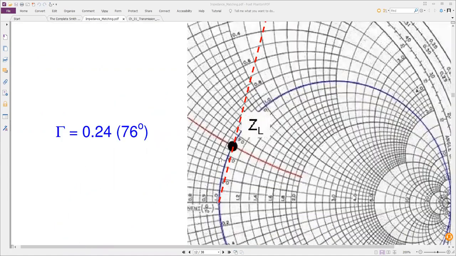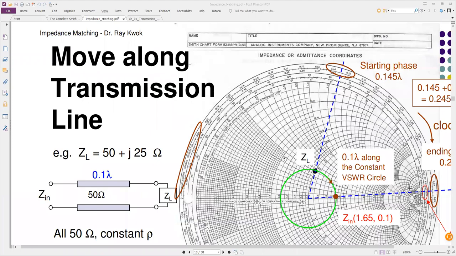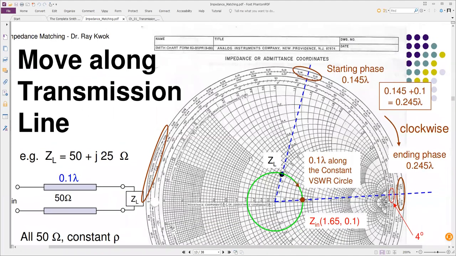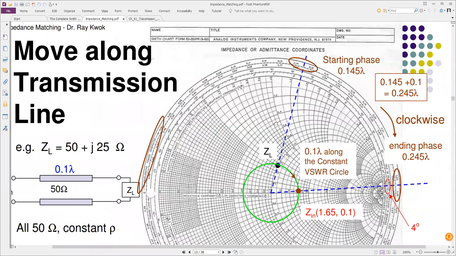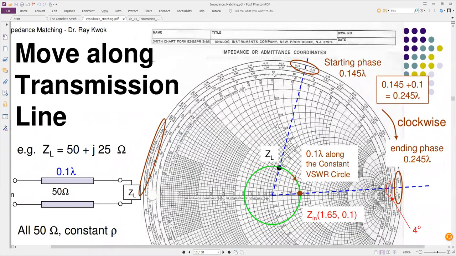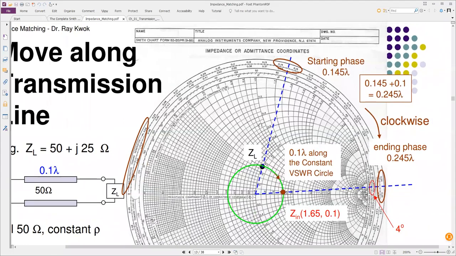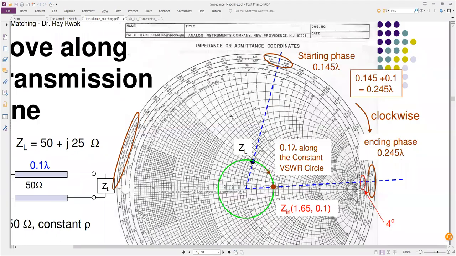Okay, now see another one. Move along the transmission line. Let's say 0.1 lambda along the constant VSWR circle. So if you want to move the line 0.1 lambda from the load to the generator, then what will happen?